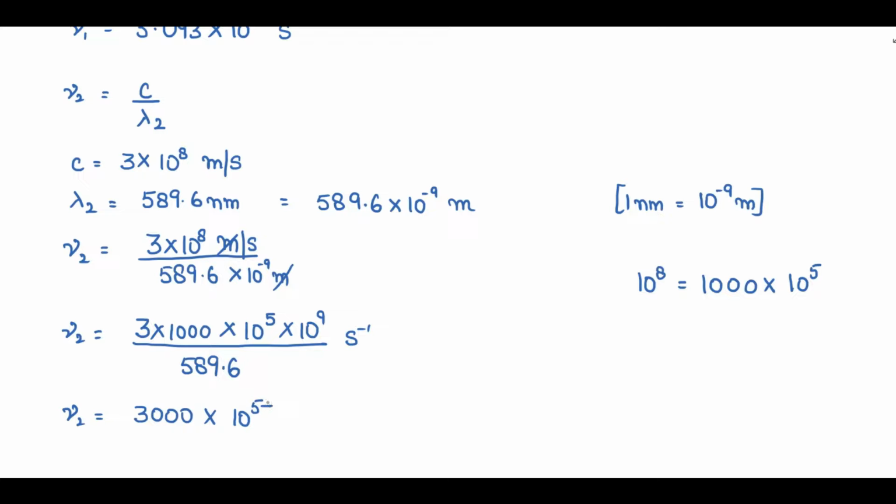So 10 raised to power 5 plus 9 divided by 589.6 second inverse. Now 3000 divided by 589.6, your answer will be nu2 equal to 5.088. Now 10 raised to power 5 plus 9, it will be 10 raised to power 14 second inverse.